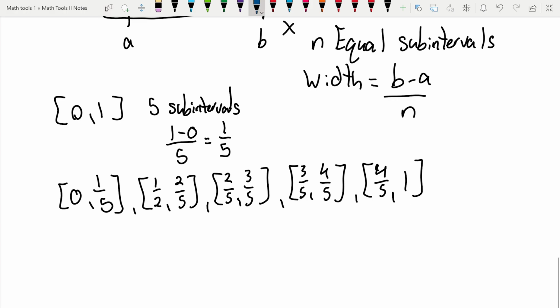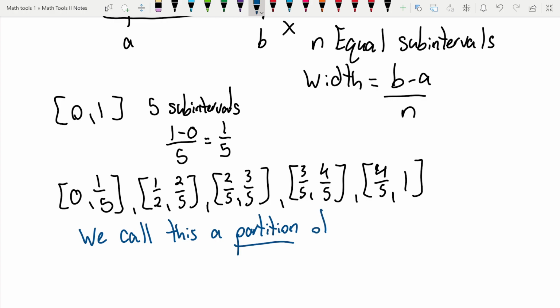We would call this example right here a partition of 0, 1. And of course, there are infinitely many partitions that we could make. We could do 4 subintervals, 3 subintervals. And because they're of equal width, in this case, we call it a regular partition.